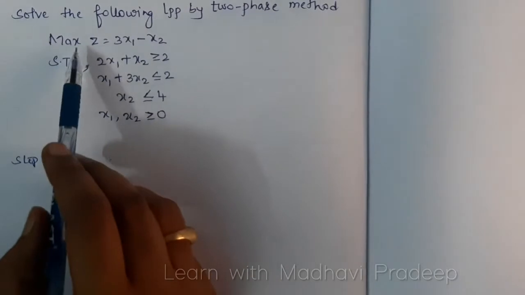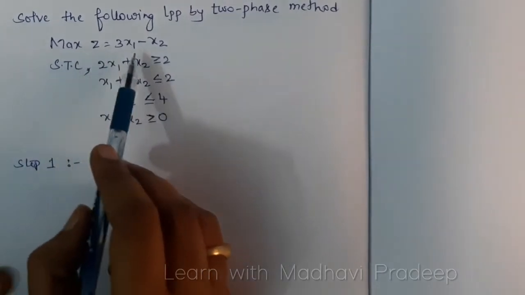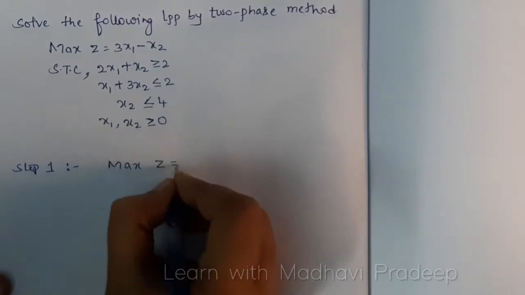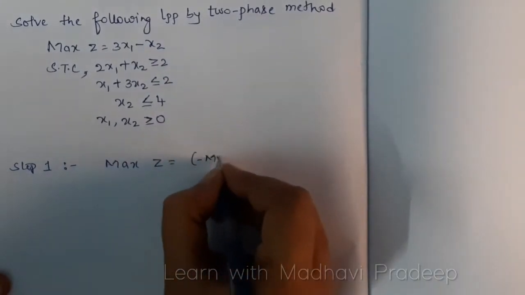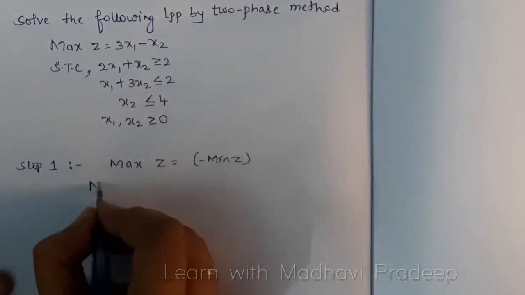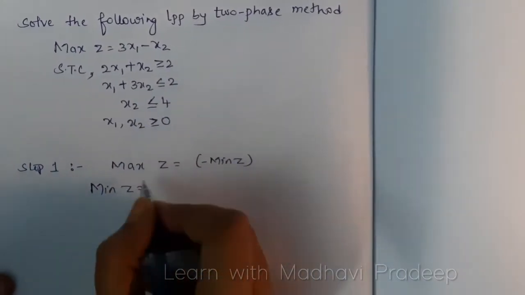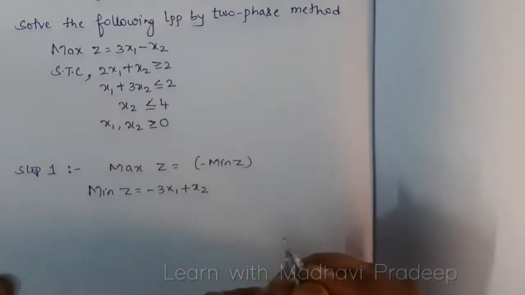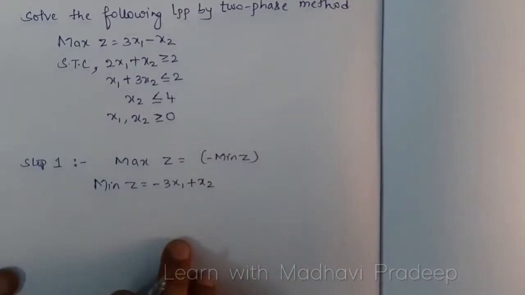The maximization problem is converted to a minimization problem by changing the sign, that is, max z is equal to minus of min z. So just the sign will change. So min z is equal to minus 3x1 plus x2. So this is converting into minimization.